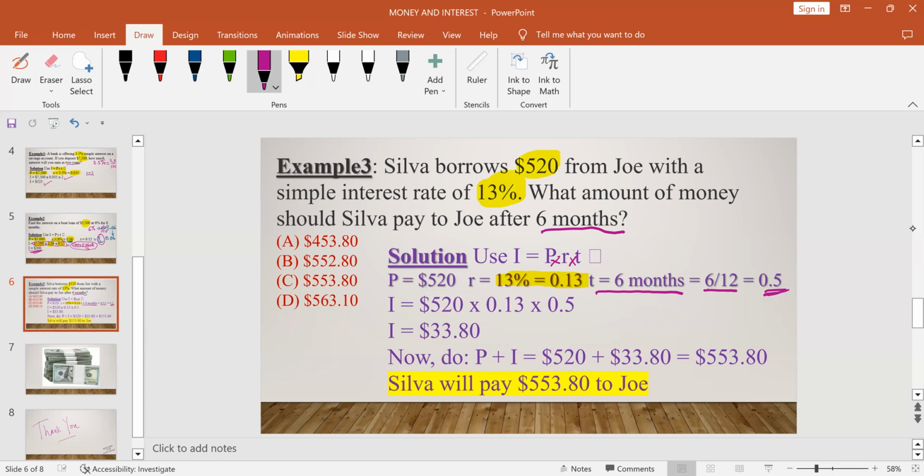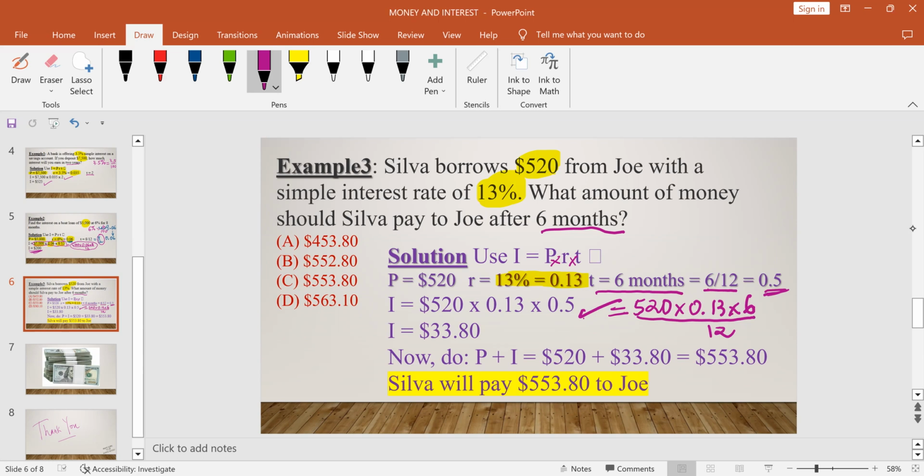Okay, so we use the formula. We have 520 multiplied by 0.13 multiplied by 0.5. But understand that this is the same as 520 multiplied by 0.13 multiplied by 6, everything divided by 12. In case you don't convert the 6 over 12 into decimal, you can use it like that.